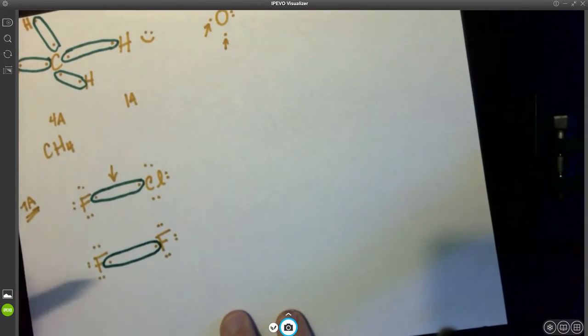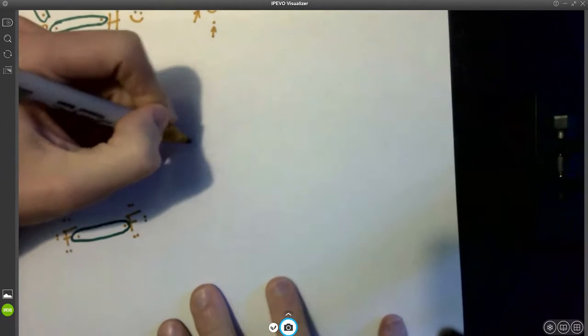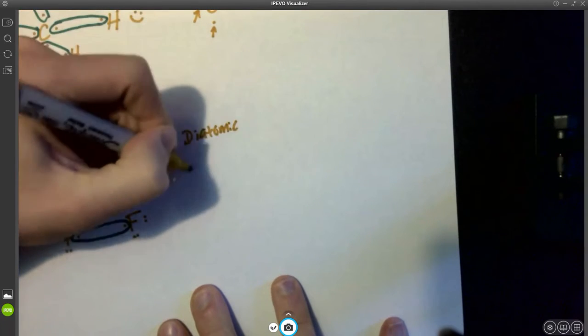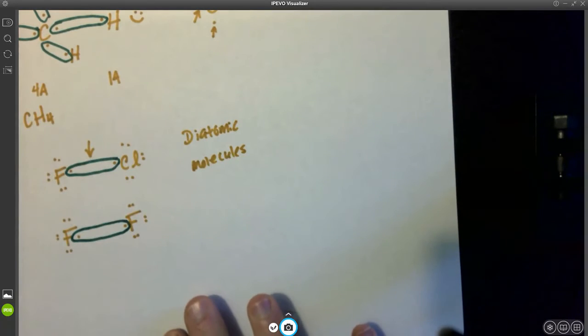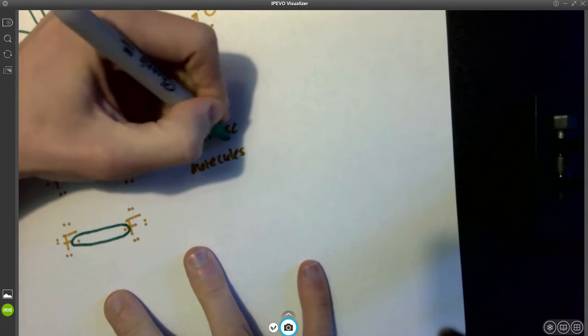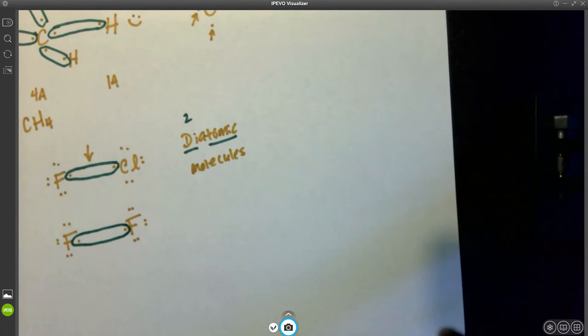So a lot of those things from 7A, many of them are what we call diatomic molecules. So you guys learned that prefix in this unit: di meaning two, atom meaning atom, and molecules meaning bigger than an atom. So diatomic molecules are things like fluorine.